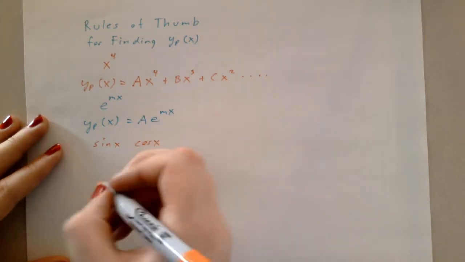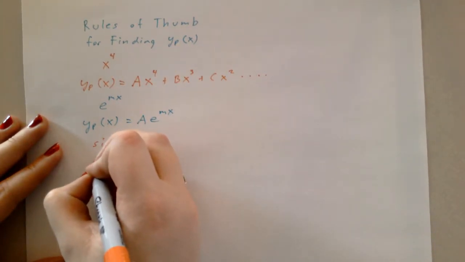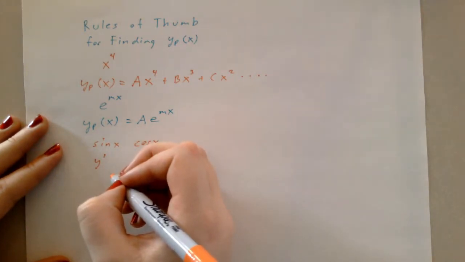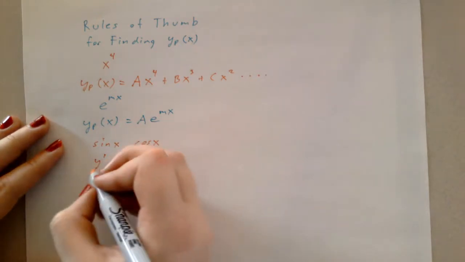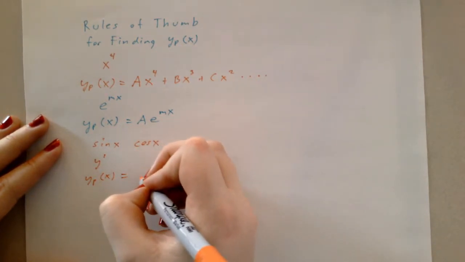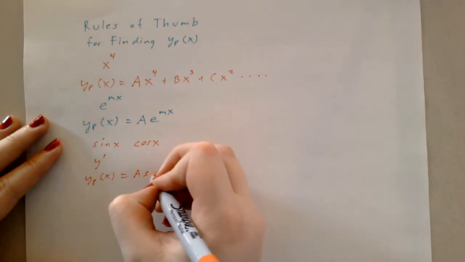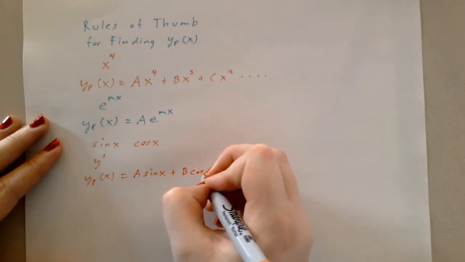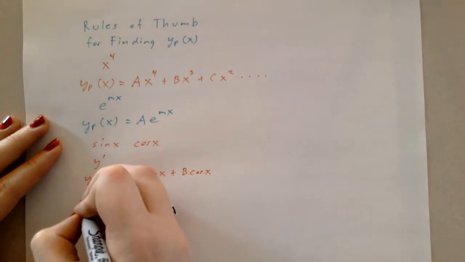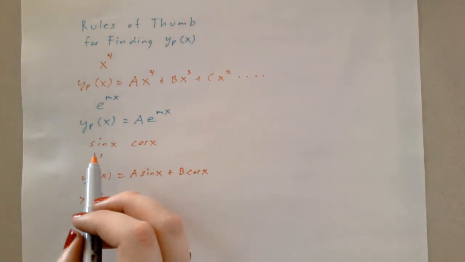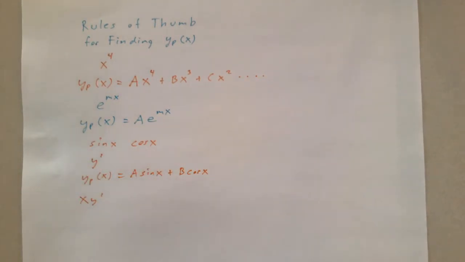So for example, if you do have a y single prime in your equation, then you want to make sure that the y of p that you use is equal to the sum of these two terms. If there is no y prime, then you can usually get away with just matching the sine or cosine that you have in your equation.